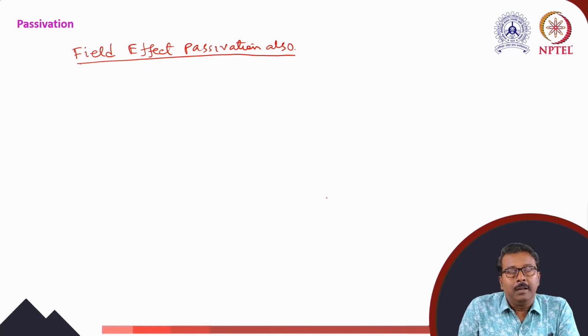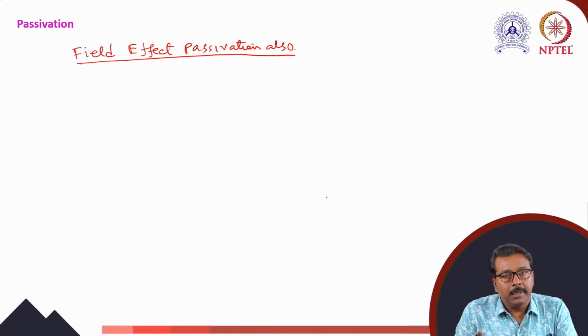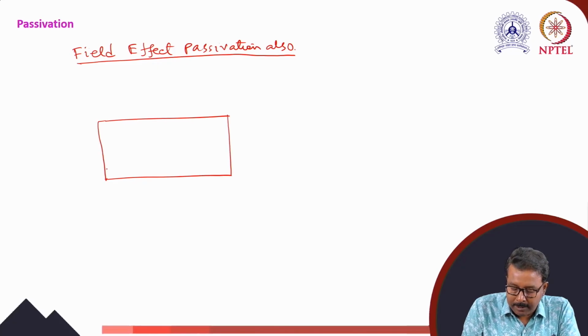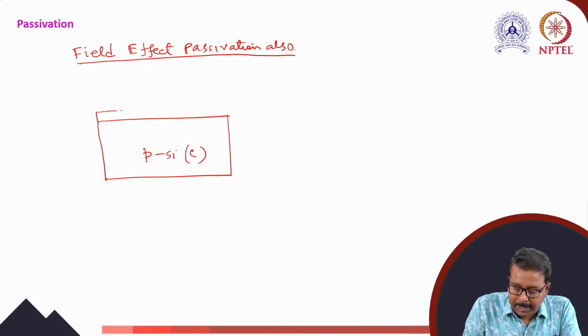You remember that in a single crystal solar cell structure, there is a BSF layer, back surface field layer. That means we have a thick absorber layer, say P silicon, this is crystalline. On top of that, we have a thin emitter layer, so N plus, this is say amorphous silicon or polycrystalline silicon.